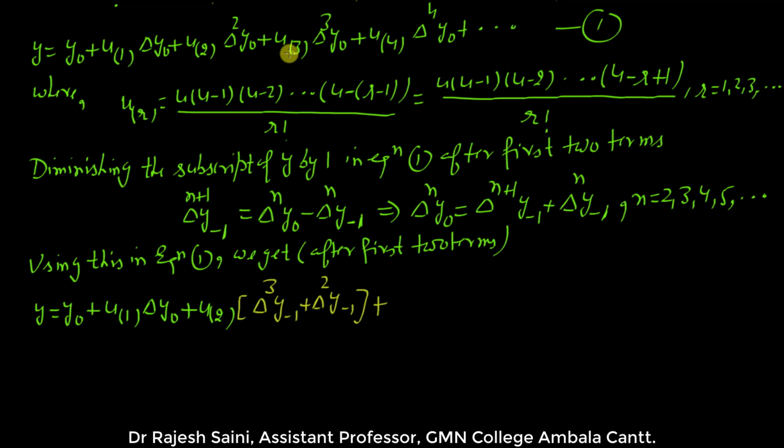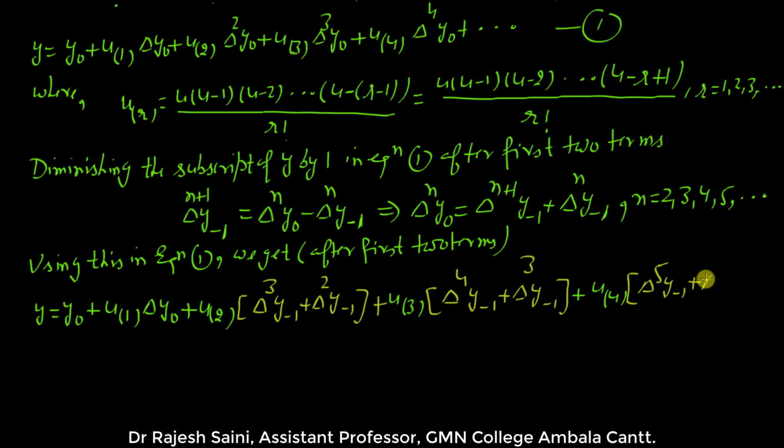Plus, now you will write u3 as such, and in the braces for n is equal to 3 it will be delta 4 y minus 1 plus delta 3 y minus 1, close it, and then u4 as such, and for n is equal to 4 put it over here, delta 5 y minus 1 plus delta 4 y minus 1, plus three dots. This will go on something like that.